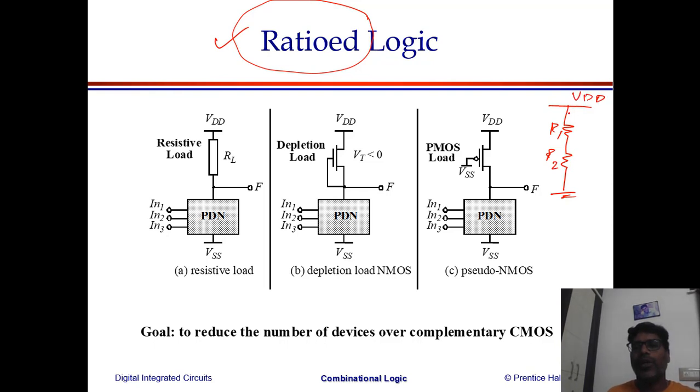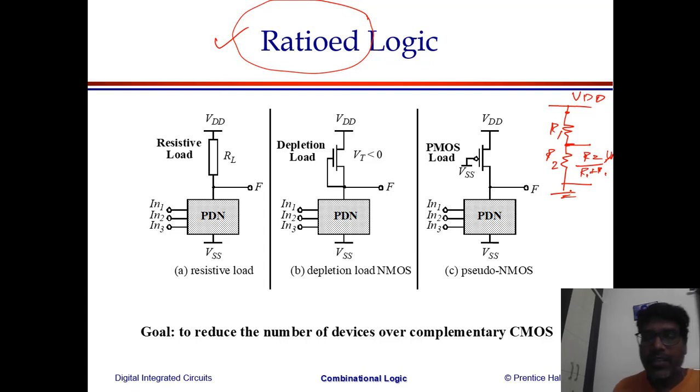If I tap my output at this point, it is VDD. If I tap my output at this point, it's not VDD, it is R2 divided by R1 plus R2 into VDD. When I tap my output at this point, it is going to be ground, which means the output is getting ratioed based upon the point where you are tapping your output. So when you come to this ratioed logic, the output gets scaled down.